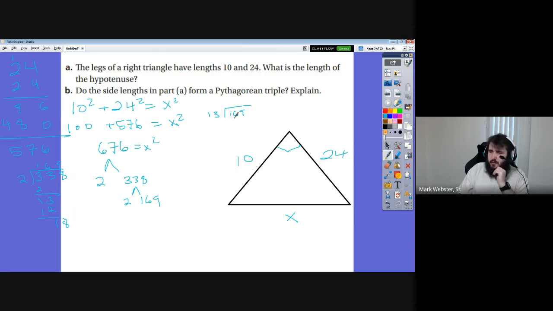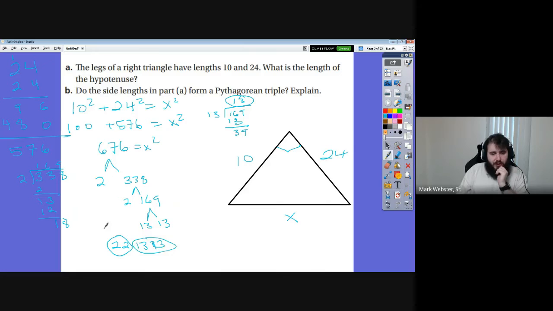So 13 goes into 16 once. 13 goes into 39 exactly 3 times. So 169 is in fact a perfect square, 13 times 13. So we write these out, 2, 2, 13, 13.